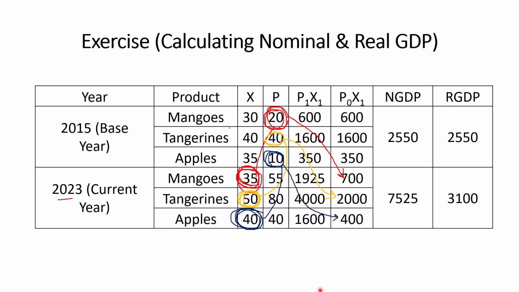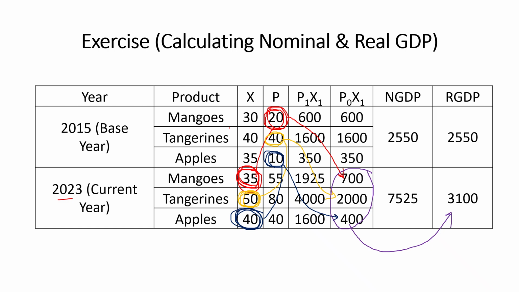So these are the real prices, and the summation of these is the real GDP according to the base year 2015. After summing this up, we get the real GDP, this one.